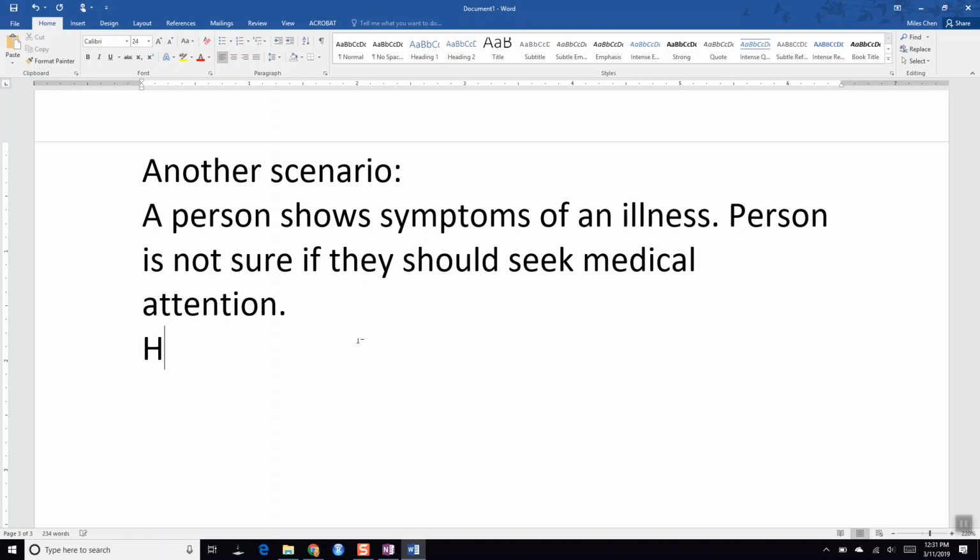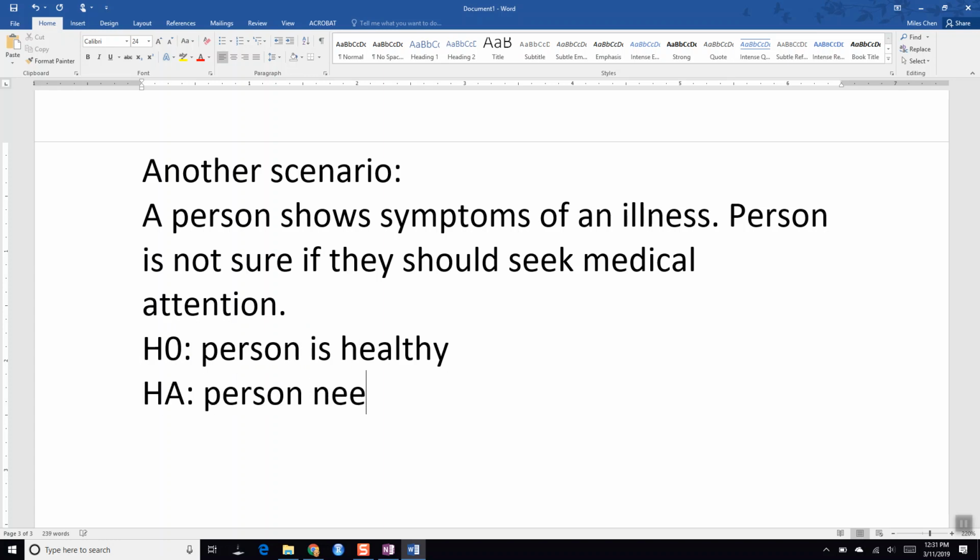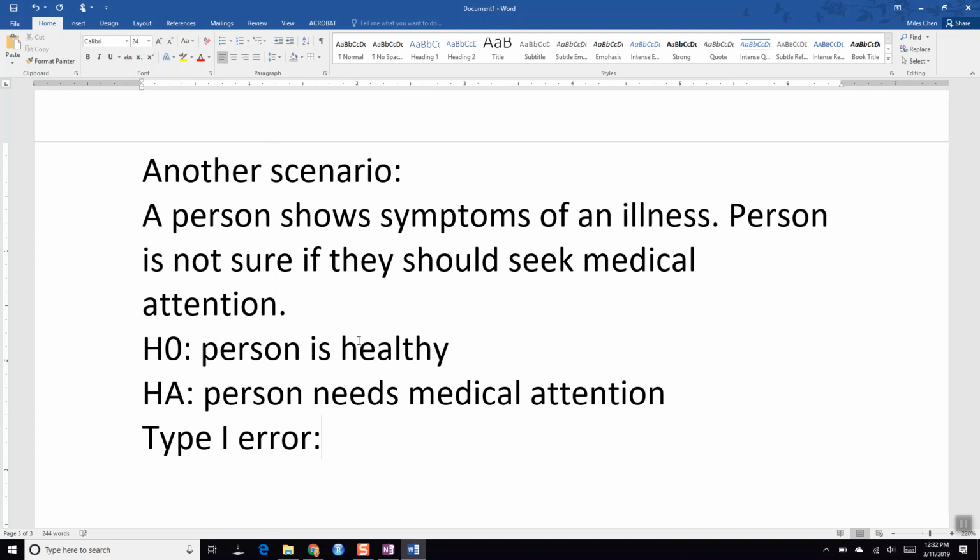So null hypothesis: person is healthy. Alternative: person needs medical attention. What's the type 1 error? And what's the type 2 error?